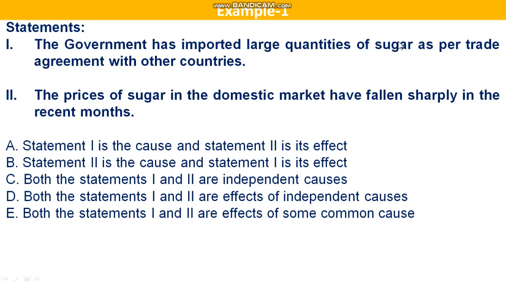Why will the prices fall? Because supply is more. So, according to me, statement number 1 is the cause, that a large quantity of sugar is imported, and its effect is on the domestic market, that is, prices have fallen sharply. So option A is the right answer, statement 1 is the cause and statement 2 is its effect.